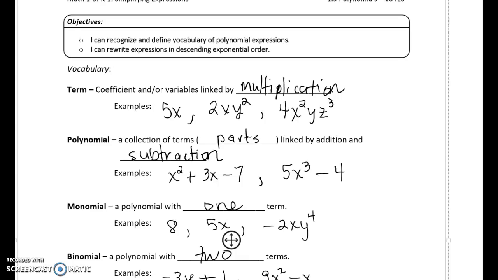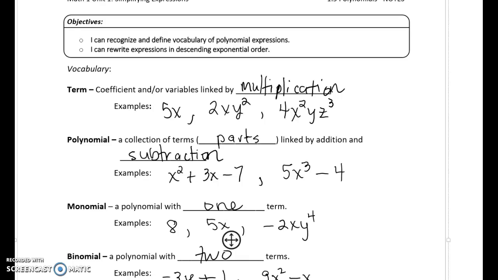Next vocabulary word is polynomial. It's a collection of terms or parts linked by addition and subtraction. Okay, so it's the addition and subtraction symbols which separate out the terms in what's called a polynomial. And there are some examples of polynomials.